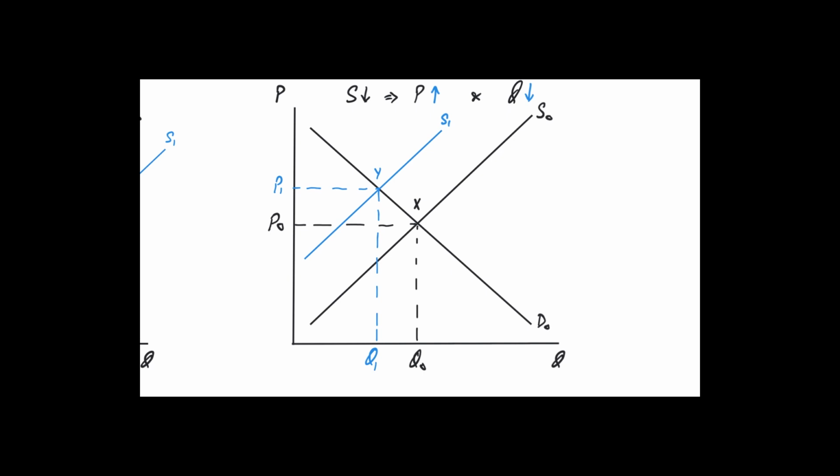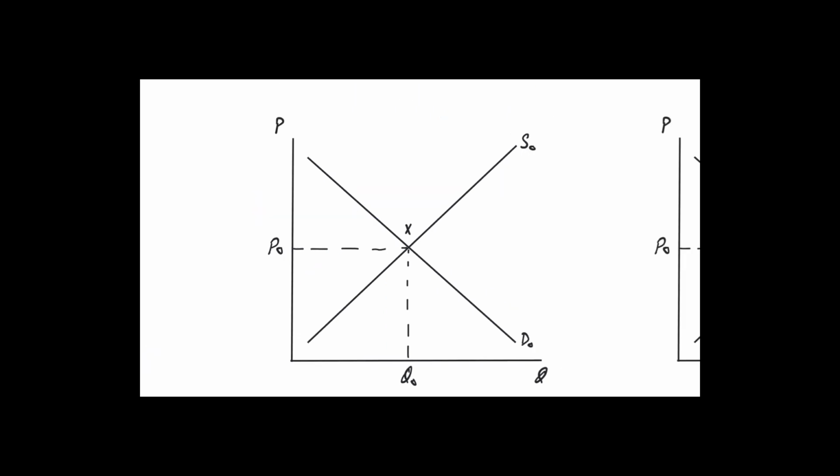Now, when this happens, we can clearly see that when the price increases, we see a movement along the demand curve. So it's safe to say that when supply decreases, price goes up, quantity demanded decreases as a result. So single shifts are way easier.